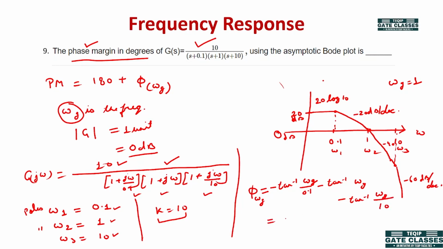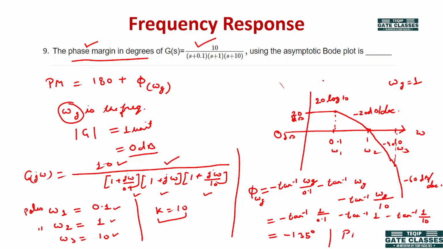So we have omega g equal to 1, so this is minus tan inverse 1 upon 0.1 minus tan inverse 1 by 10. So when you solve this, we get this angle as minus 135 degrees.